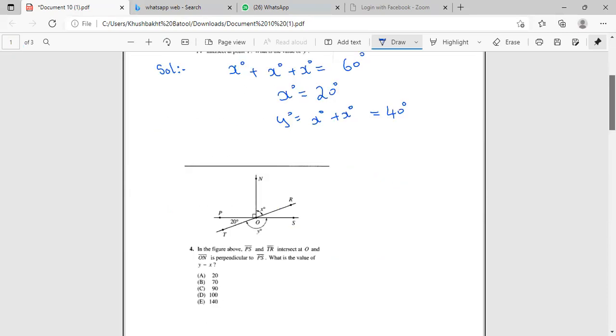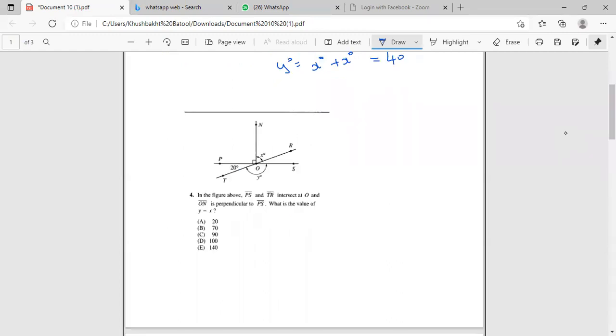Okay, let's talk about this now. So Ishal, can you try this one?